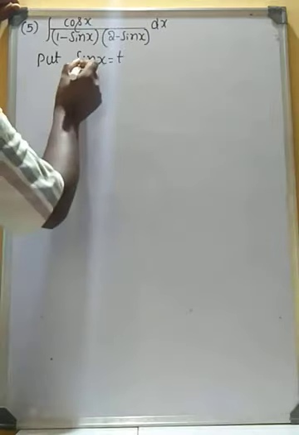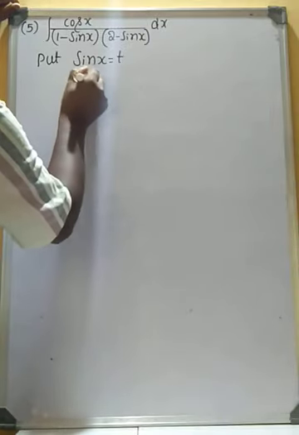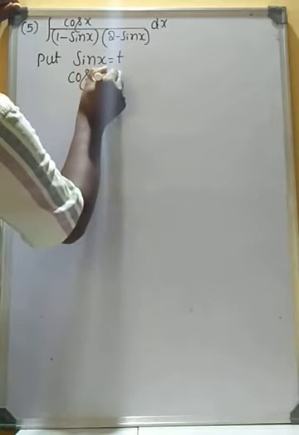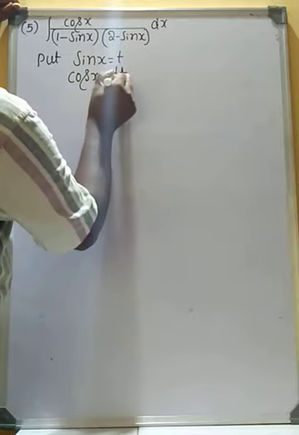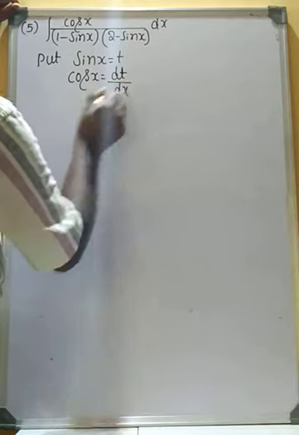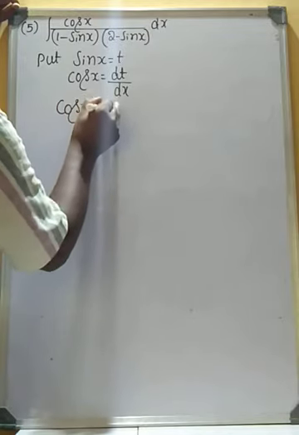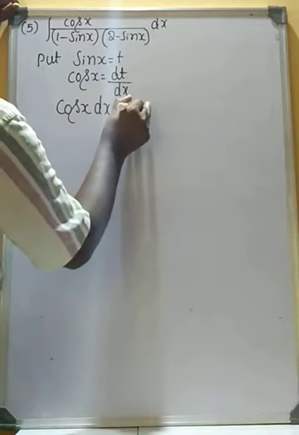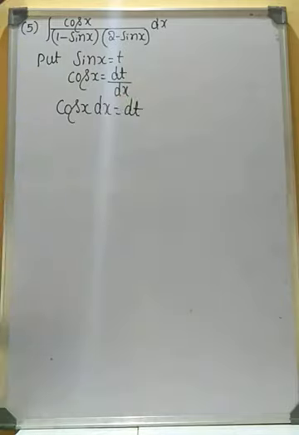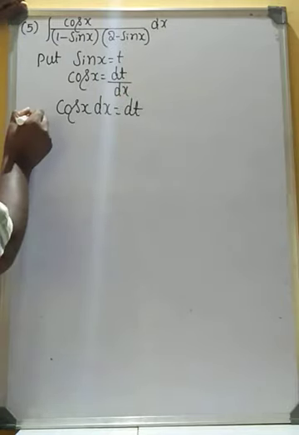You know d by dx of sin x is cos x equals dt by dx. Therefore cos x into dx is equal to dt. Substitute in the given integral.